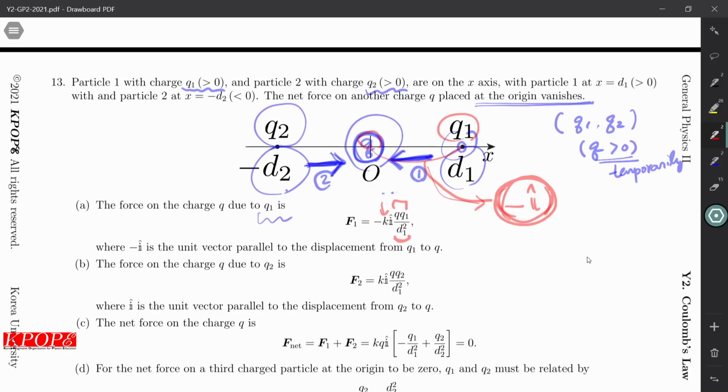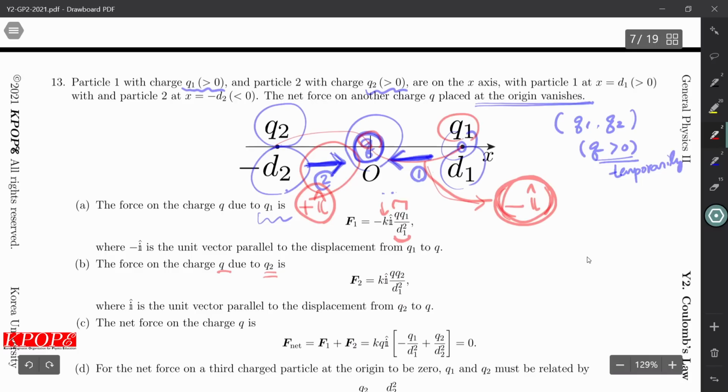The force on the charge Q due to Q2 is as written here. This direction is plus i hat. The magnitude is in a similar manner.